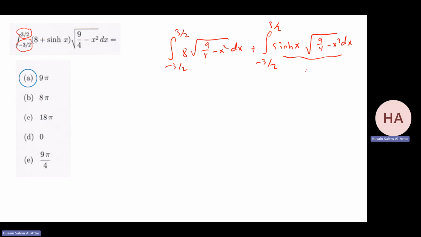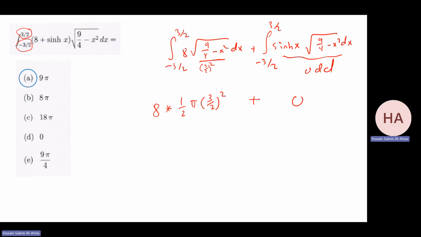Very clear, this is an odd function. So this integral is 0. So the remaining is this one. And this one is 8 times the area of half a circle, with r equal to 3 over 2. So we have 8 times half by pi times (3 over 2) squared.